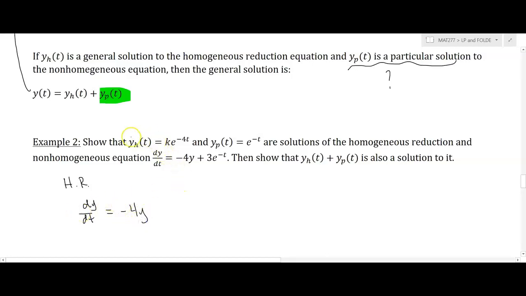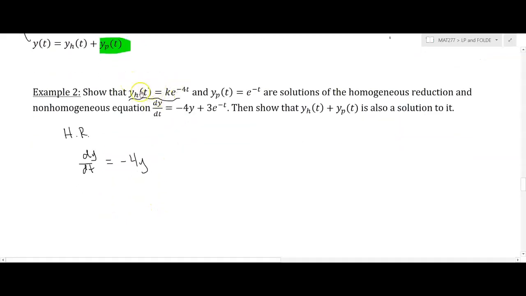Now I just need to check that y sub h, this guy here, satisfies this equation. So I need to make sure that the y prime of h, okay, the derivative of that will be negative 4k e to the negative 4t. Y sub h, of course, is just k e to the negative 4t.